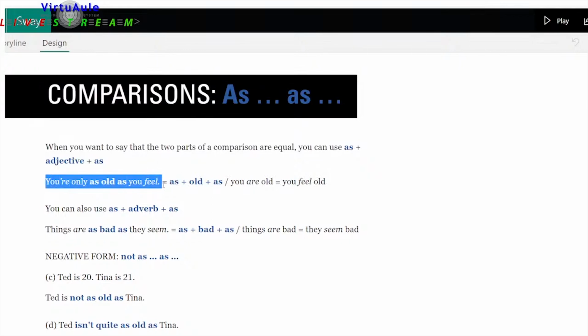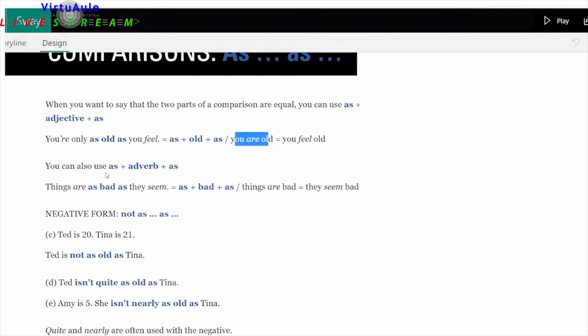You're only as old as you feel. As introduces the adjective, and then we finish with as: you are old. So I am comparing you are with you feel. Okay, you can also use as with an adverb and as. Things are as bad as they seem.